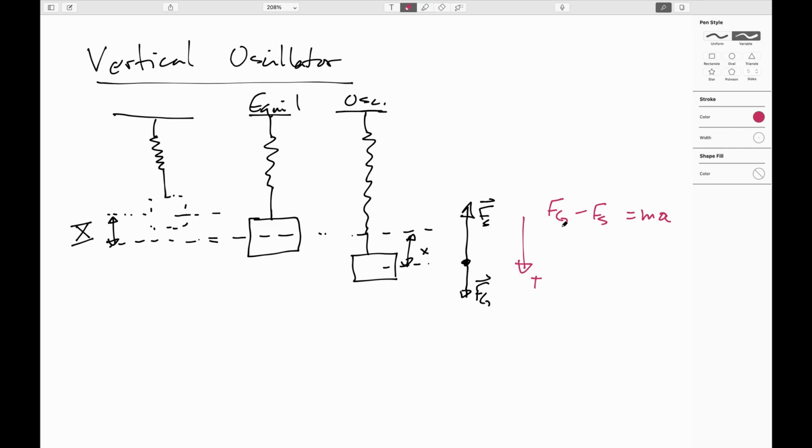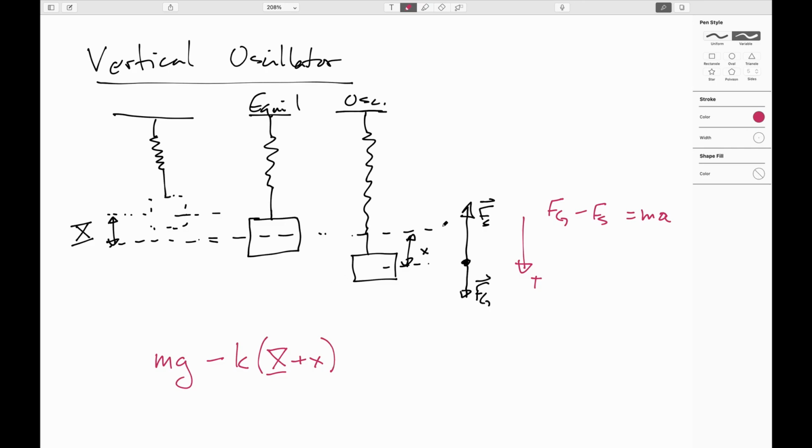All right, well, let's substitute in for what these things are. So we'll have mg minus k times our stretch, being big X plus little x.